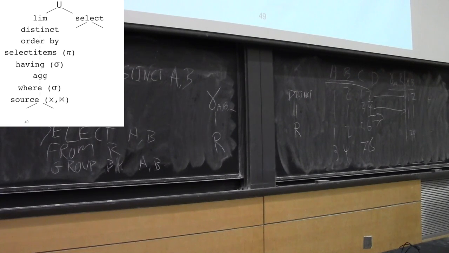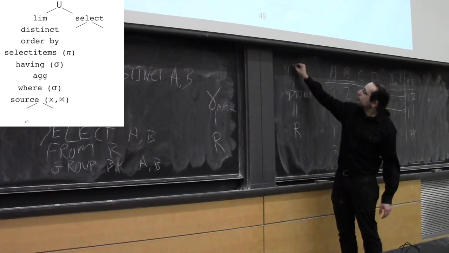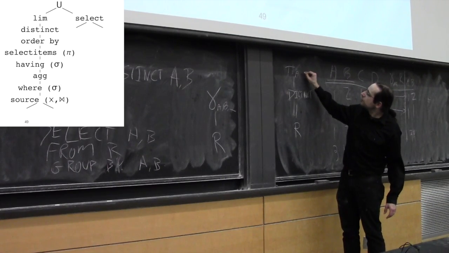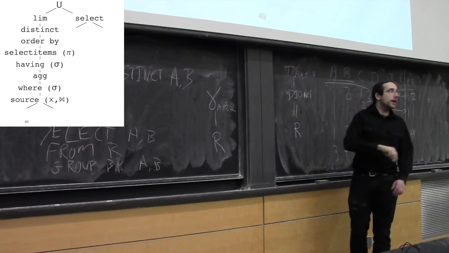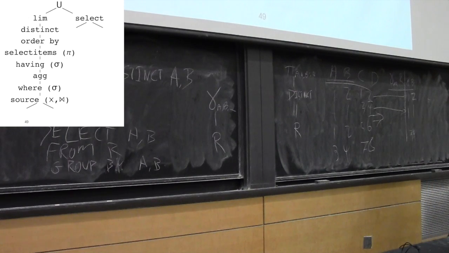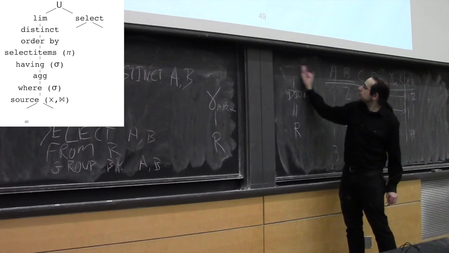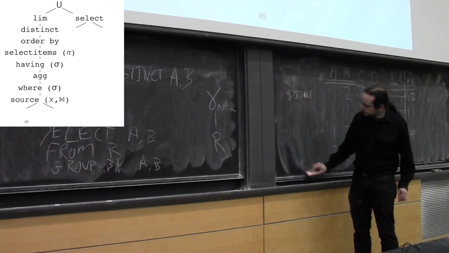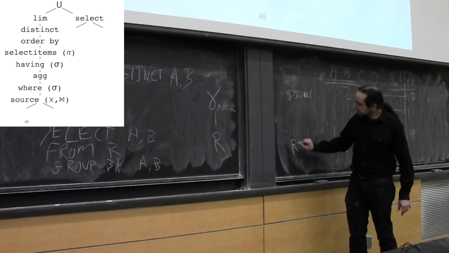For the distinct tree, will you have to project A and B first, then select distinct A? Yes, you're technically correct that you would have to do that. Actually, I'm getting this backwards. You have to do that down here.